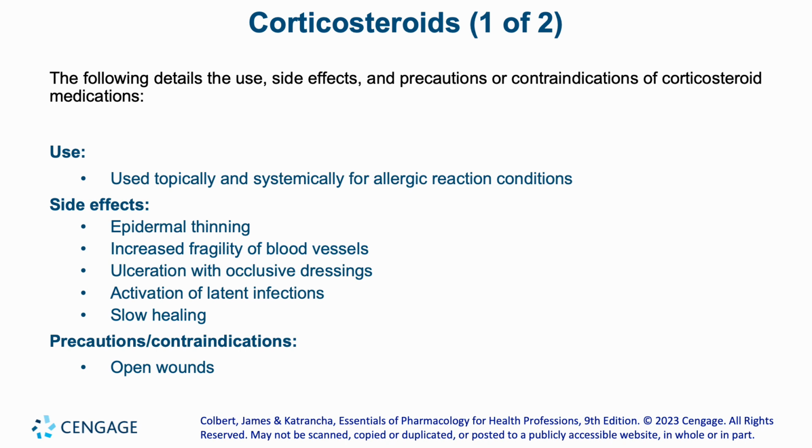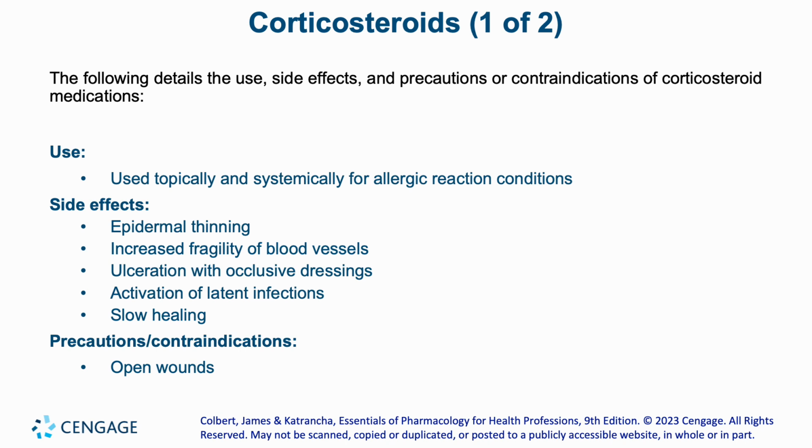Corticosteroids. The following details the use, side effects, and precautions or contraindications of corticosteroid medications. The use is topically and systemically for allergic reaction conditions. Topically would be a lotion. Systemically, it can be given in many different ways: IV, IM, PO, even through an inhaler.